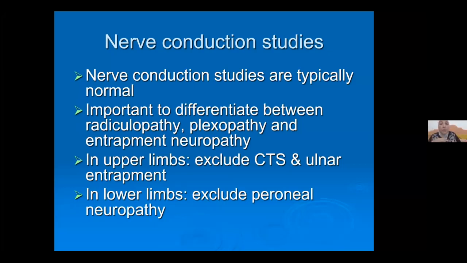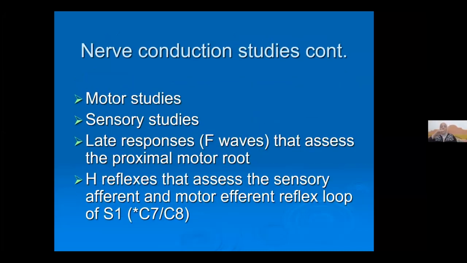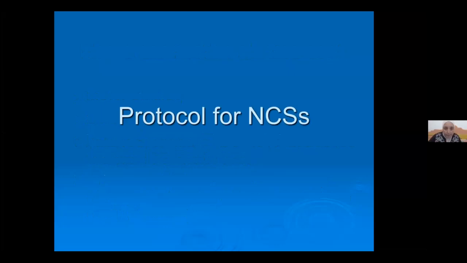If the condition is having its full-blown picture, then the mix-up will not be a very big problem. What shall I do? I shall do motor studies, sensory studies, late responses, the F wave, and the H reflex. What's the exact protocol? What shall I exactly do?